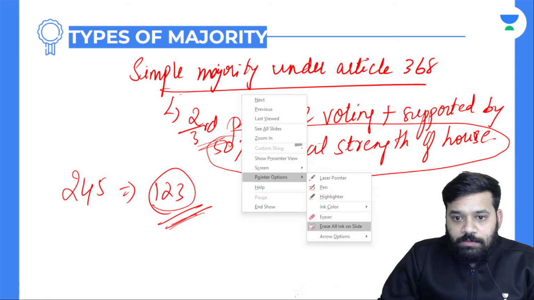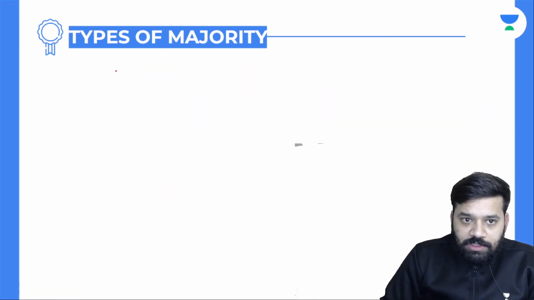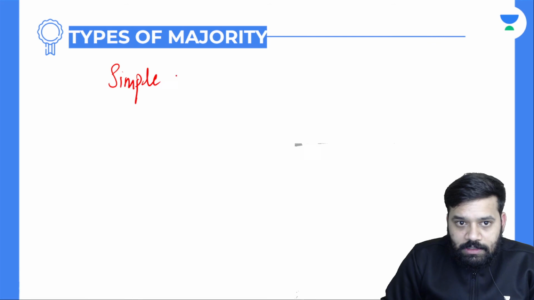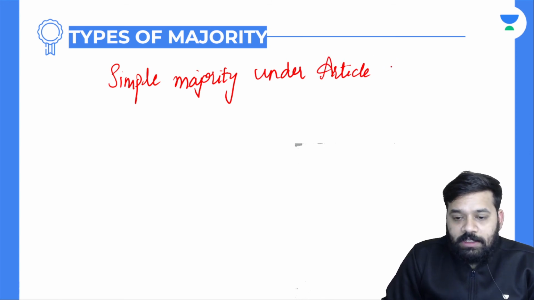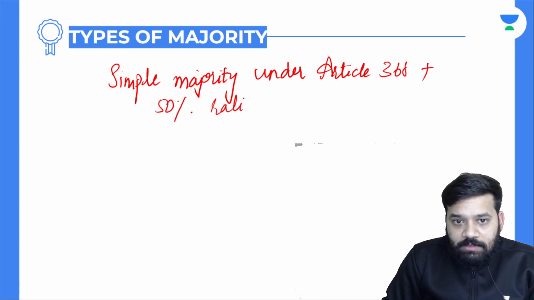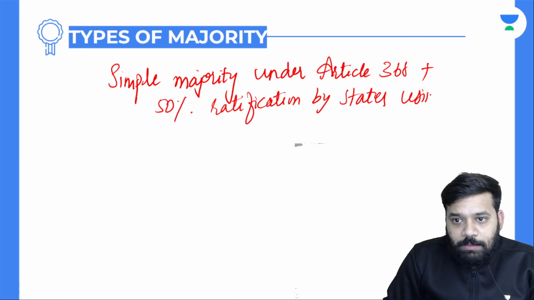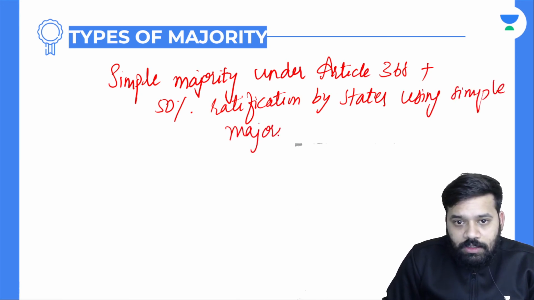And the next type of majority that we see is special majority under Article 368 plus 50% ratification by states, using simple majority. Always remember to use capital A in Article. So what do they mean here?